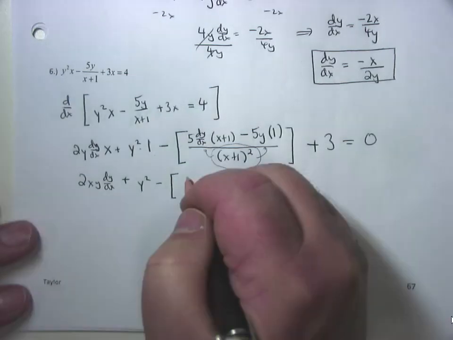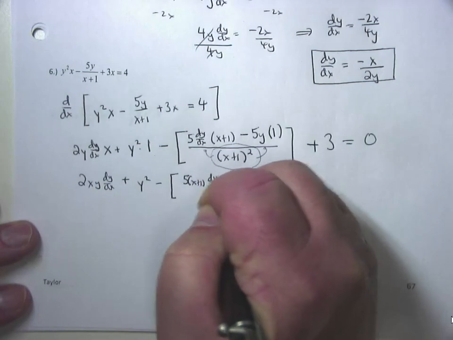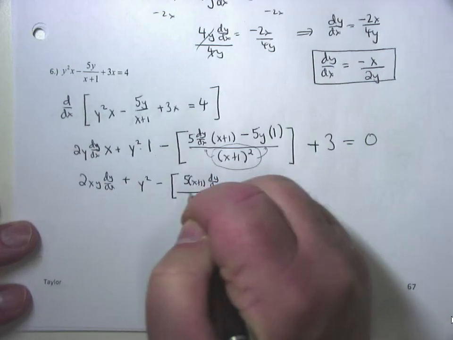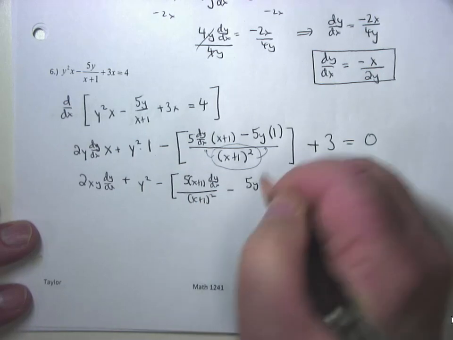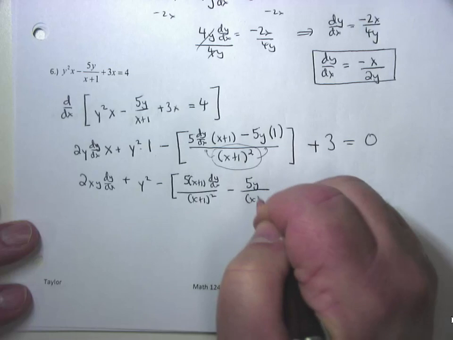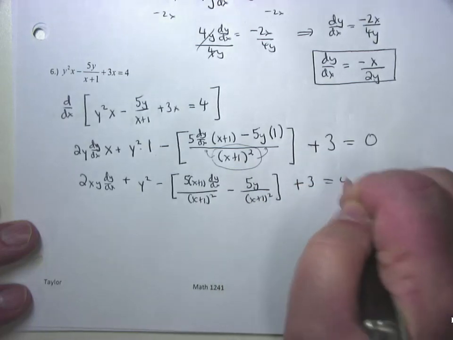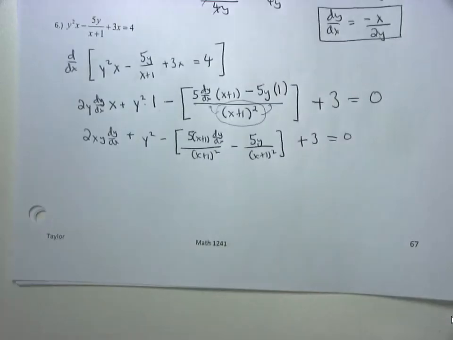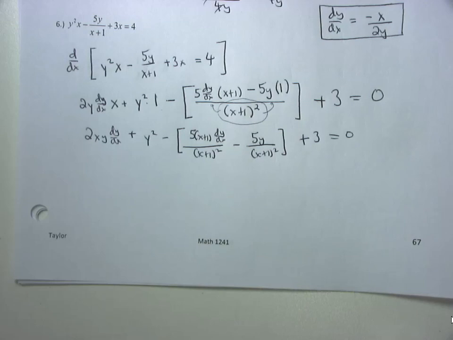That's going to give you 5 times x plus 1 times dy over dx over x plus 1 squared, minus 5y times 1 over x plus 1 squared, close bracket, plus 3 equals 0. And I'm not done yet, because inside my parentheses, you see that 5 times x plus 1 times dy over dx divided by x plus 1 squared.